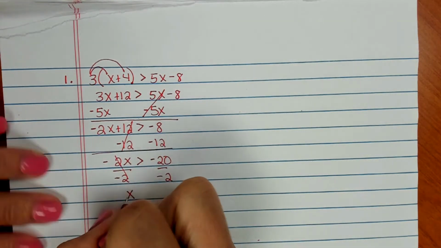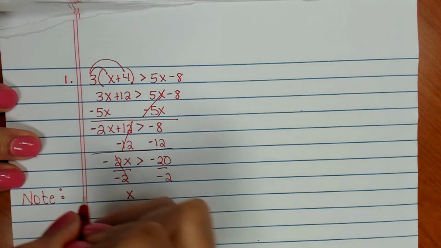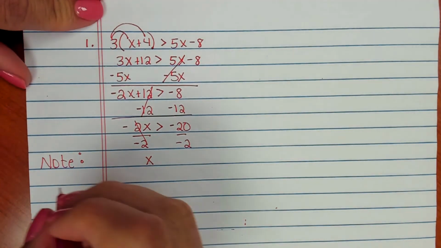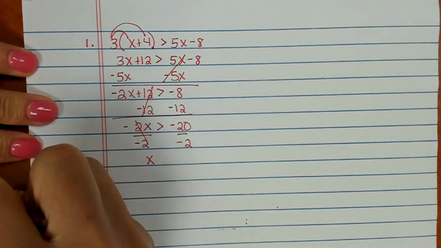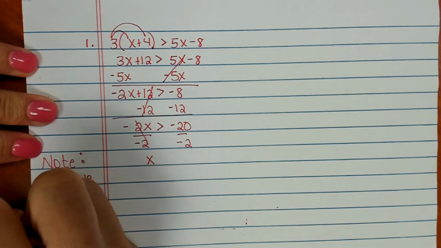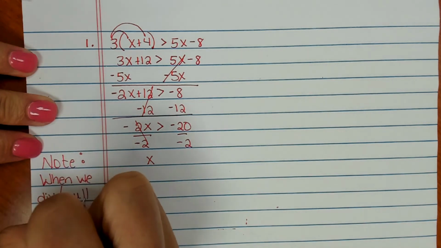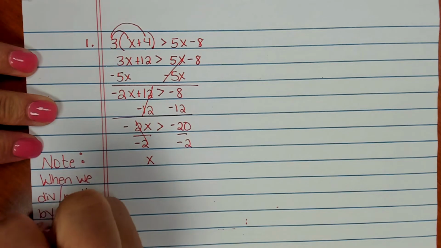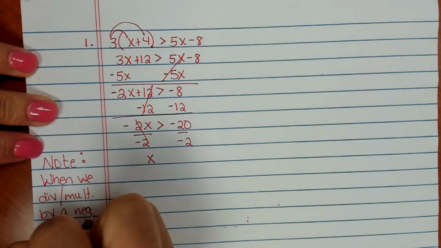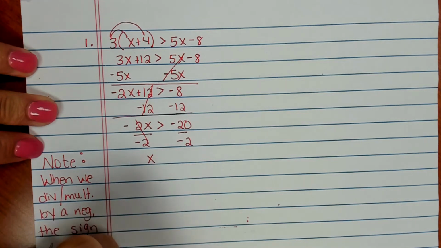Now, here's a note that I want to add to the side of my paper. Note that when we divide or multiply by a negative, the sign flips.